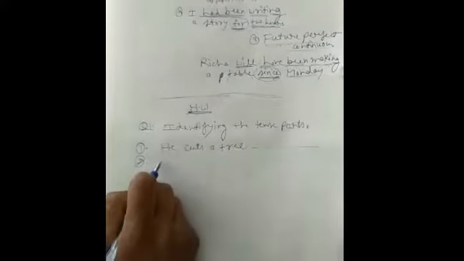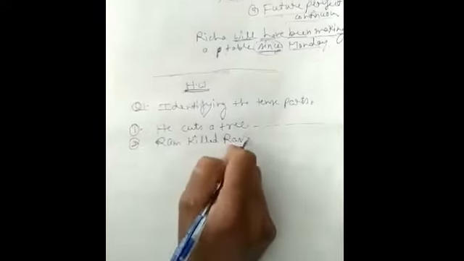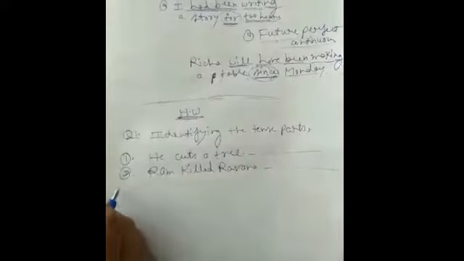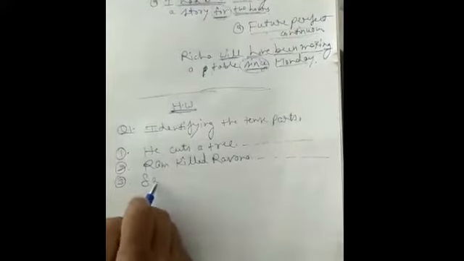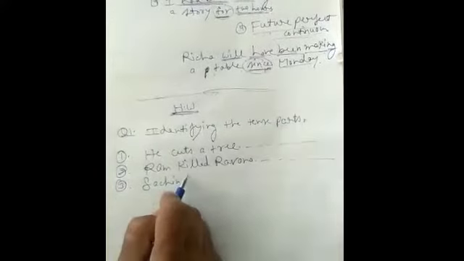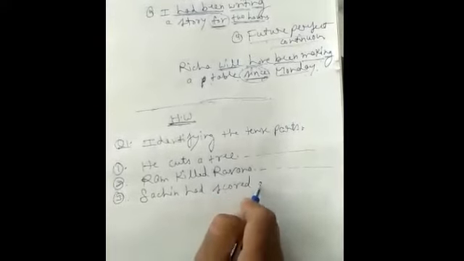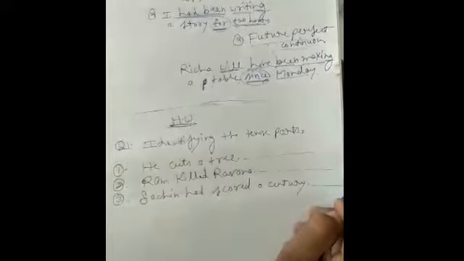Second is: Ram killed Ravana. Here you write which tense this is. Third is: Sachin had scored a century. Here you write which tense this is.